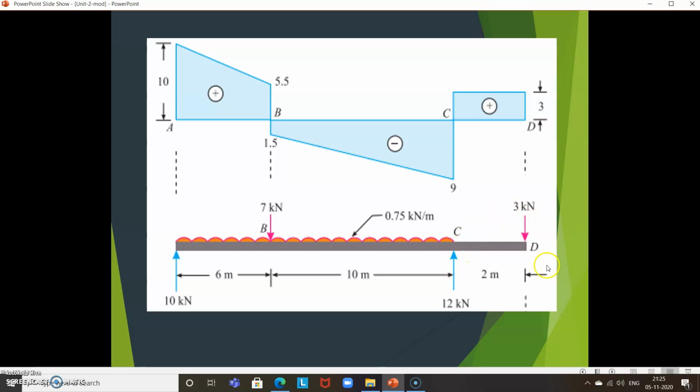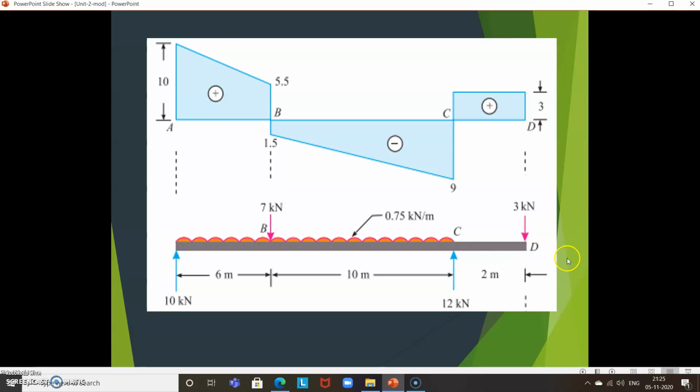Then it decreases to 0, which means at D there is a load of 3 kilonewton acting. Like this you can draw the loading diagram.